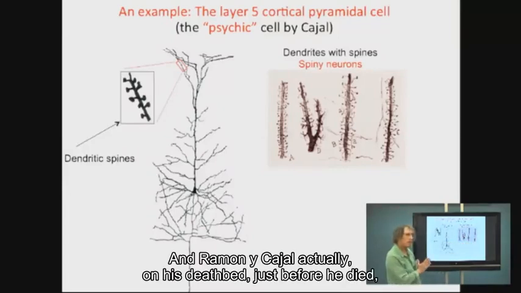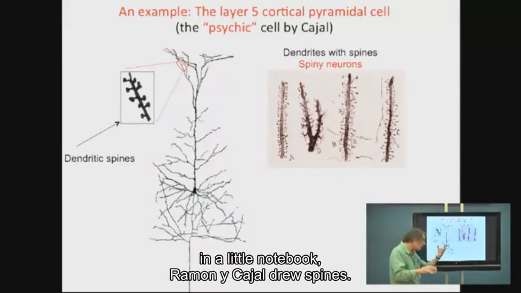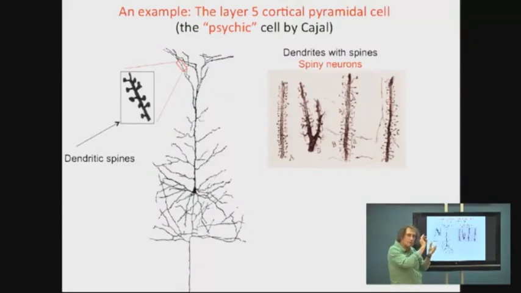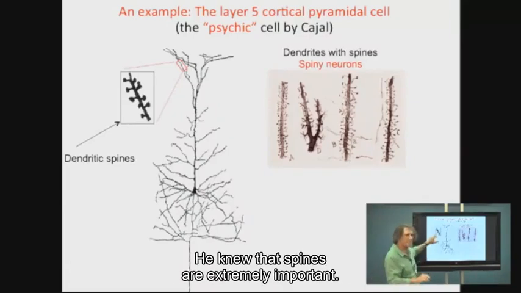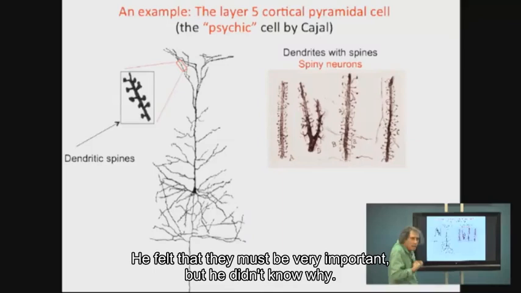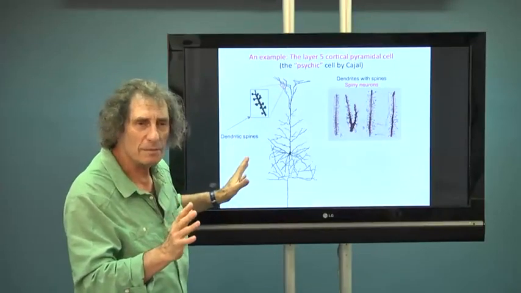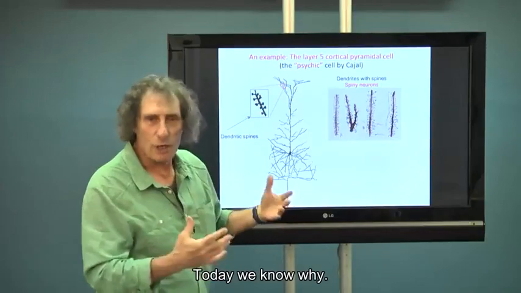And Ramon y Cajal, on his deathbed, just before he died, in a little notebook, drew spines. He was dying and he drew spines. He knew that spines are extremely important. He felt that they must be very important, but he didn't know why. Today we know why.